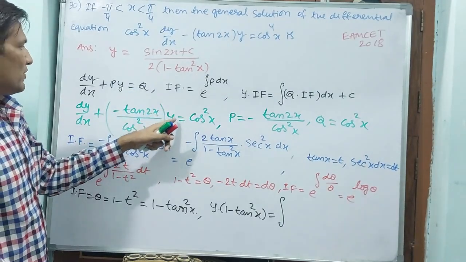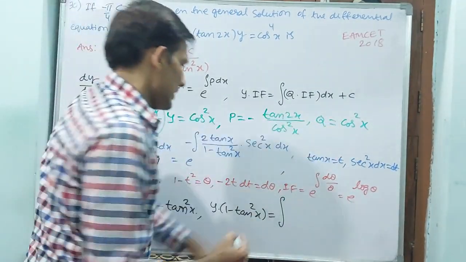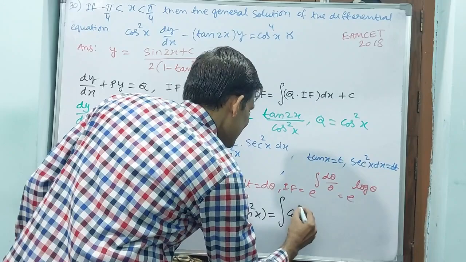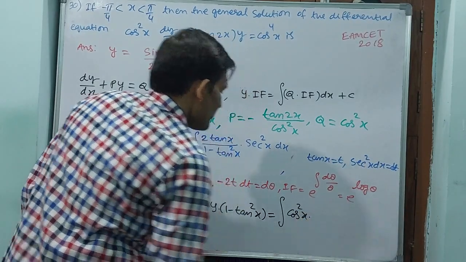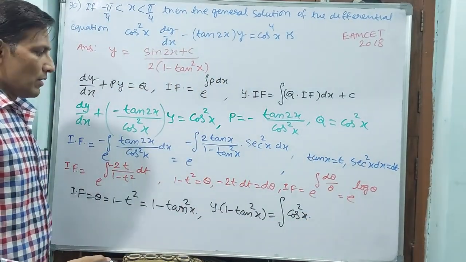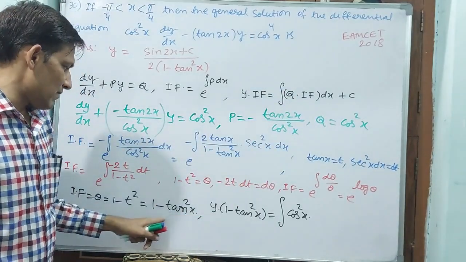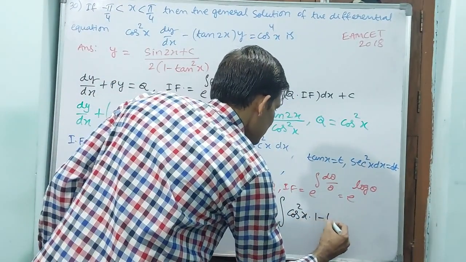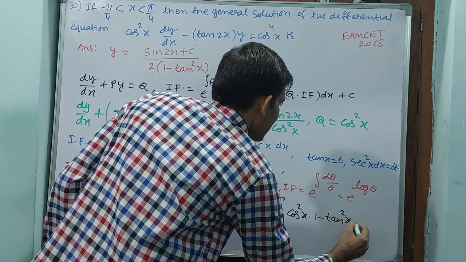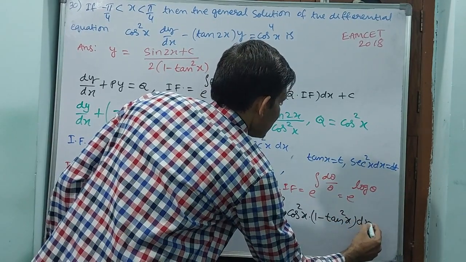What have we taken as q? Cos square x. Cos square x into the integrating factor, which again is 1 minus tan square x, dx plus c.